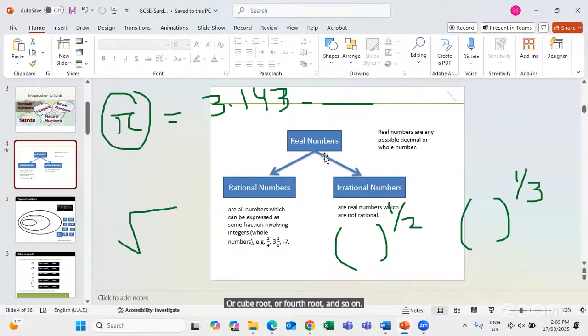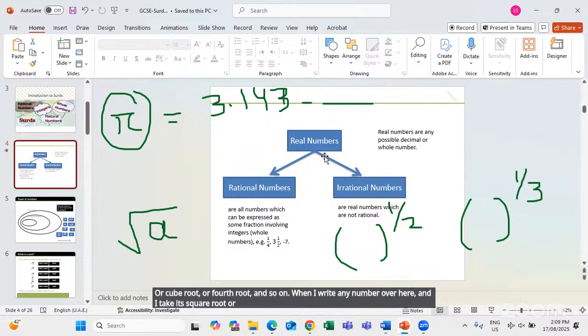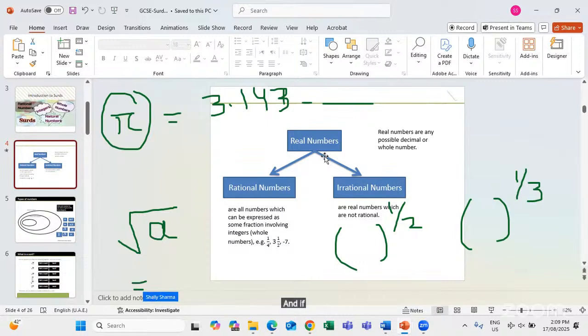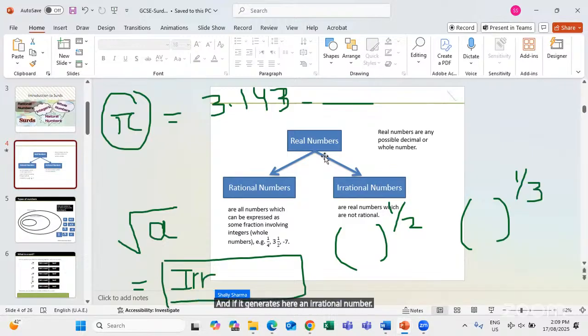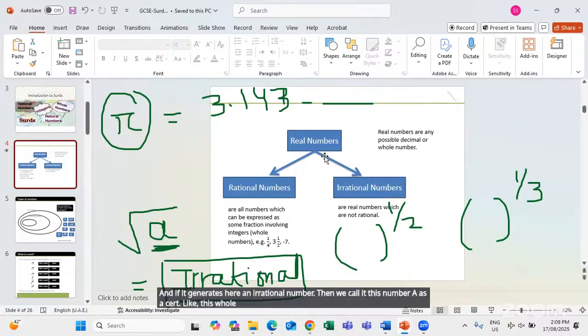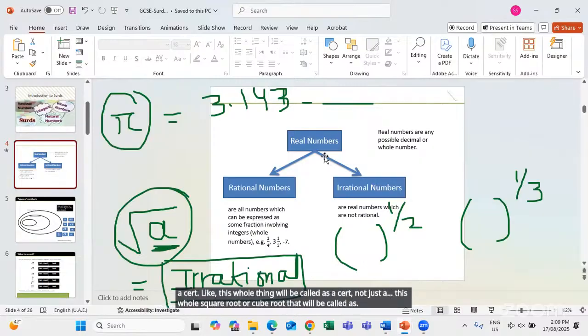When I write any number A over here and I take its square root or cube root, and if it generates an irrational number, then we call this a surd. This whole thing will be called a surd, not just A, this whole square root or cube root.